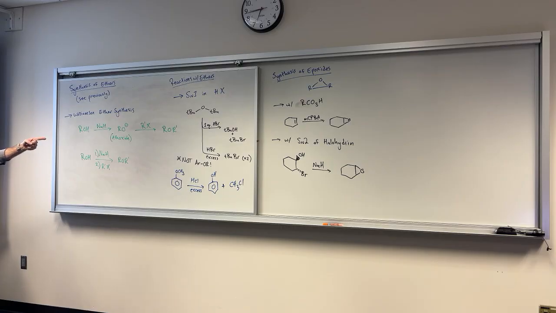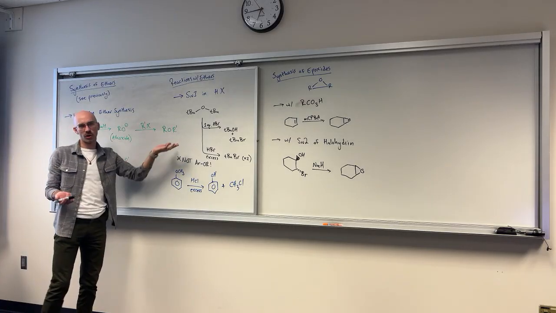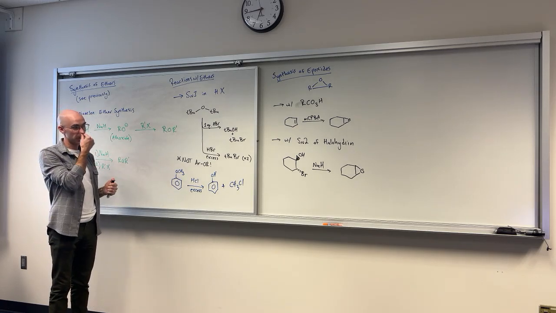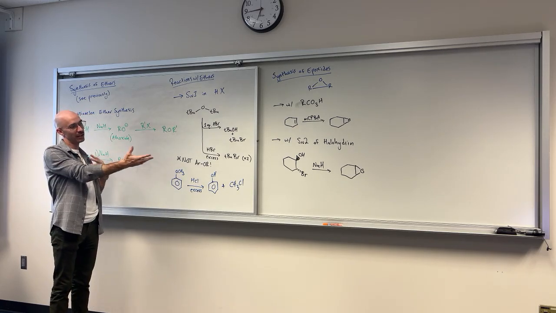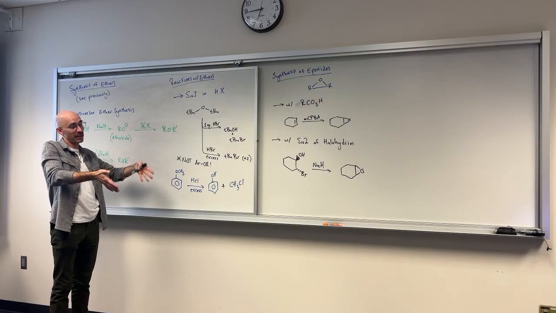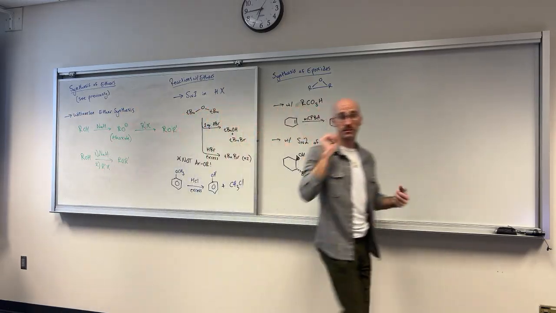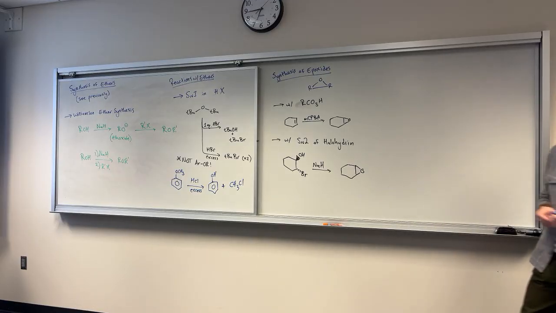But since the oxygen was wedged before, it must still be wedged. Although, to be fair, that's a meso compound, so you can flip it over and it's also both dashed. But you don't have to draw stereochemistry quite as often because epoxides have to be on one side or the other. Those are our two ways. Pretty straightforward.